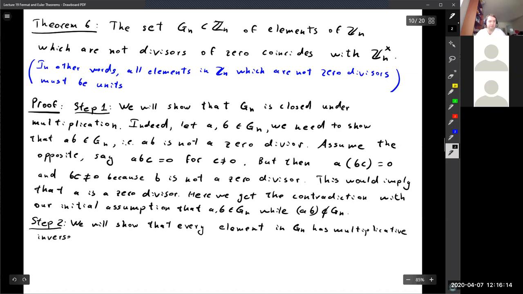So let's take A, which belongs to G_n, and as in theorem 4, consider A to the J for J being a natural number.